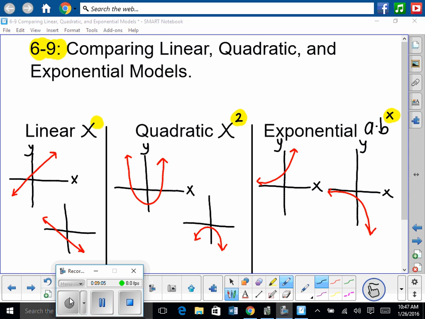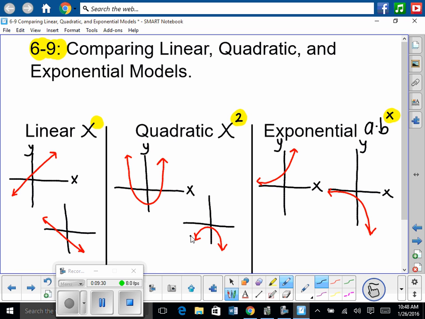Now everybody look up here. A couple things to remember. Linear means degree 1. Lines look like this, straight lines. This is a positive line and a negative line. Does everybody agree? Quadratics, we learned this year, are degree 2. We know they're nice smiley faces, nice frowny faces, nice U shapes. Questions on that? And then exponential.